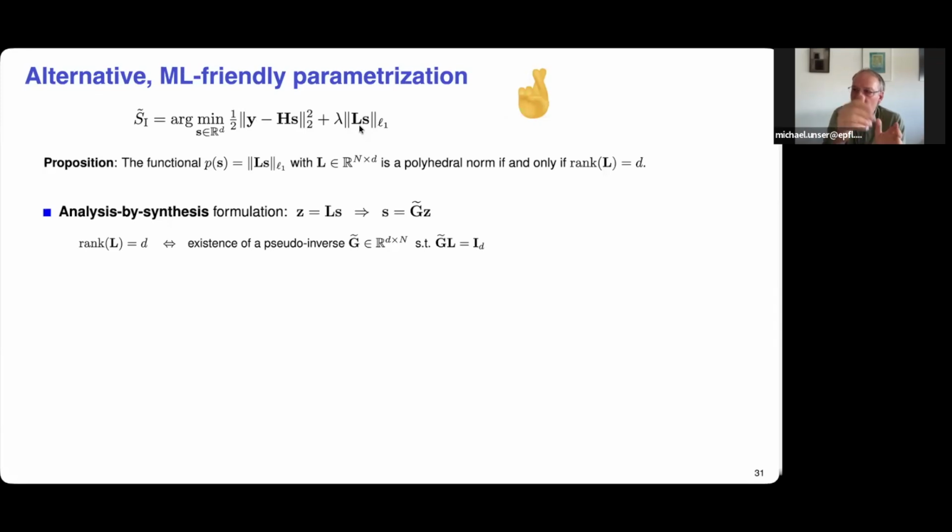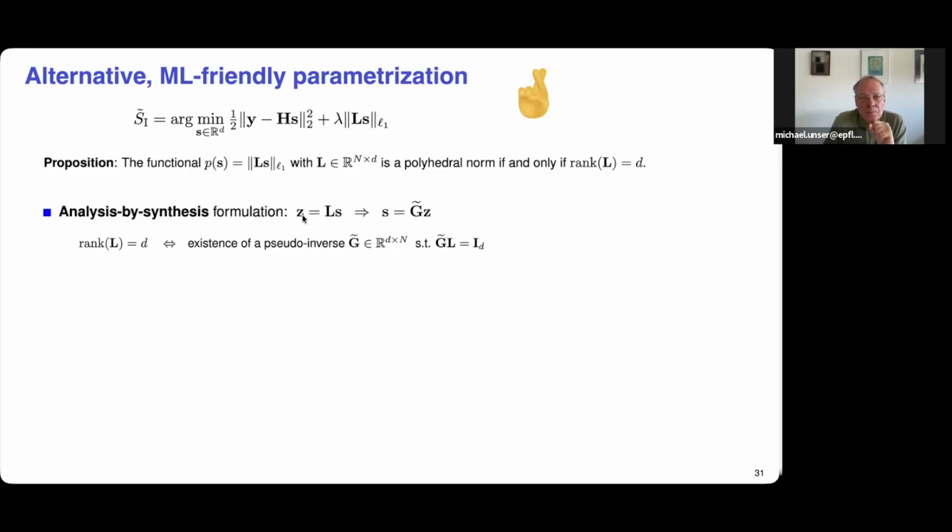This is for example TV, and now maybe instead of TV we want to put a neural network here and learn L. So the first thing we can say is that if you do that, this will generate a polyhedral norm. So we're exactly in the framework. But we want to relate that with the other, synthesis scenario. And this is what I call analysis by synthesis.